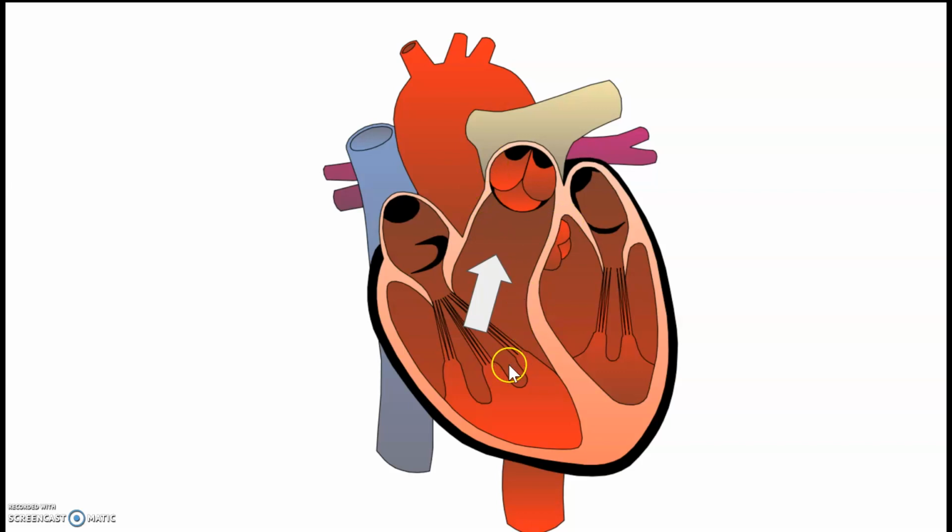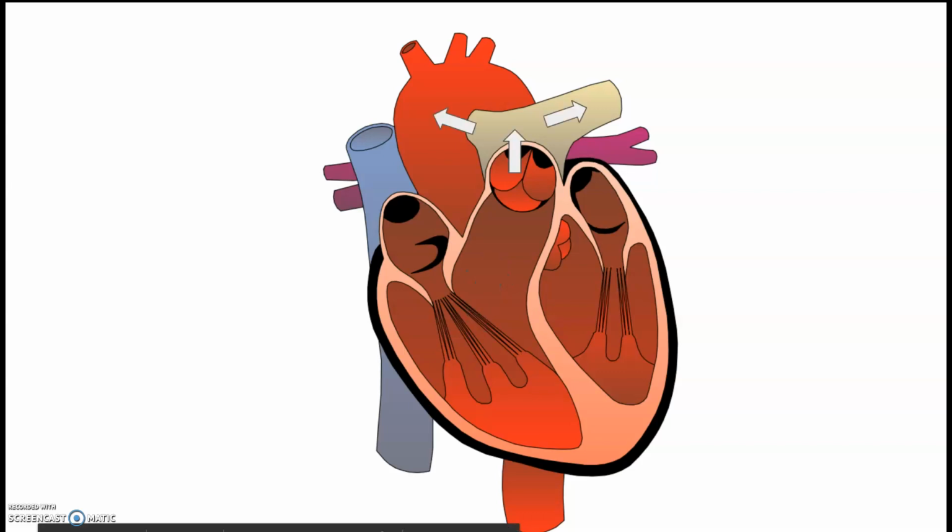The valve between the right ventricle and the pulmonary trunk is the pulmonary semilunar valve. So the blood goes from the right ventricle past the pulmonary semilunar valve, into the pulmonary trunk, and to the pulmonary arteries.